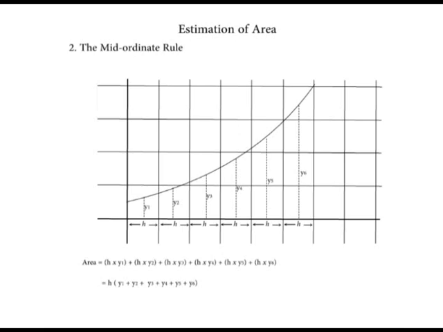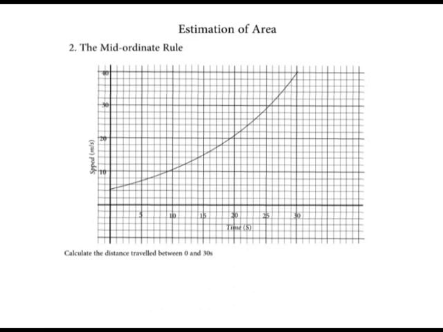For example, calculate the distance traveled between 0 and 30 seconds using the mid-ordinate rule. So we find the area bound by the curve, the x-axis, the y-axis, and the line x is equal to 30. So the mid-ordinates are 6, 9, 13, 18, 25, and 34.